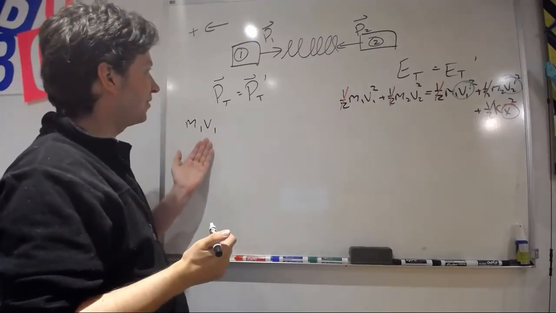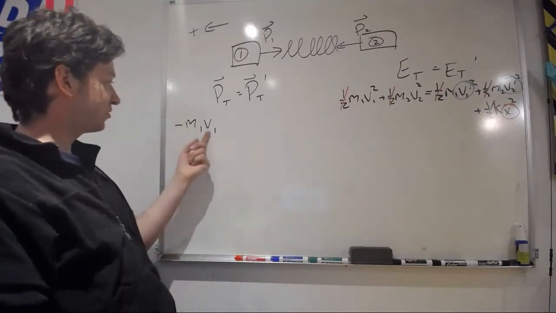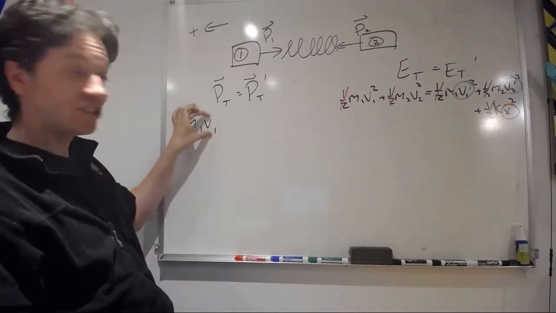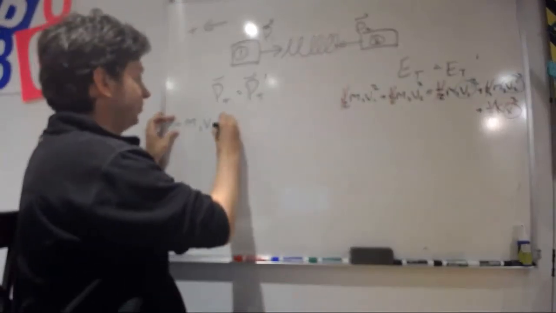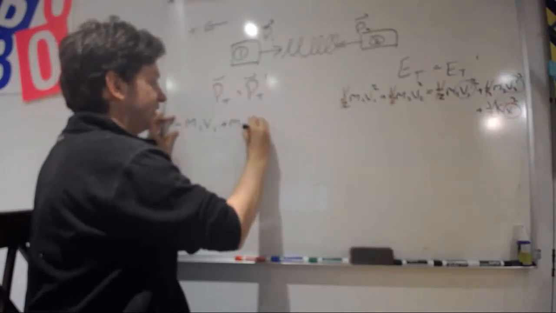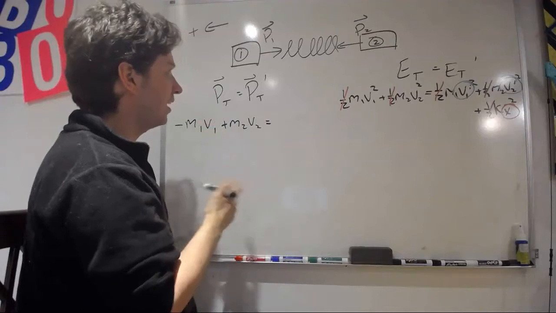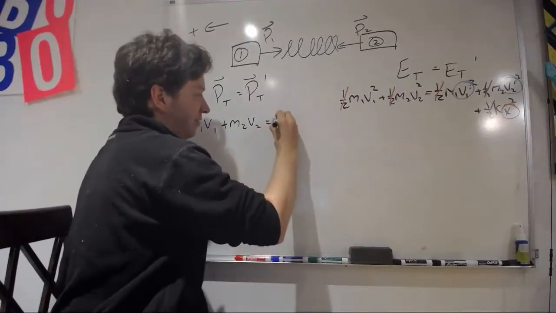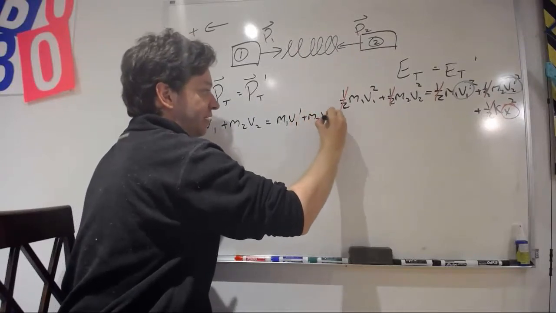So m1 v1, the first cart's moving to the right, so let's make that negative. Right? I'm pulling the direction out of the velocity term, so that's just its magnitude, and that's its direction. And then plus m2 v2 equals, so now what? We have m1 v1 prime plus m2 v2 prime.